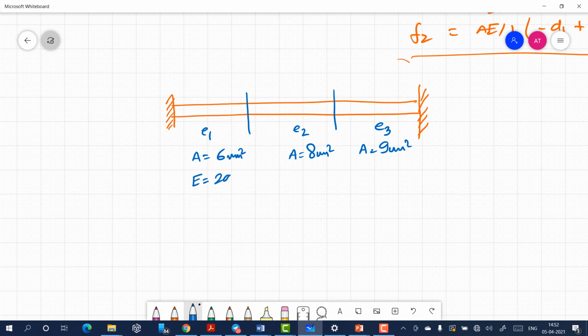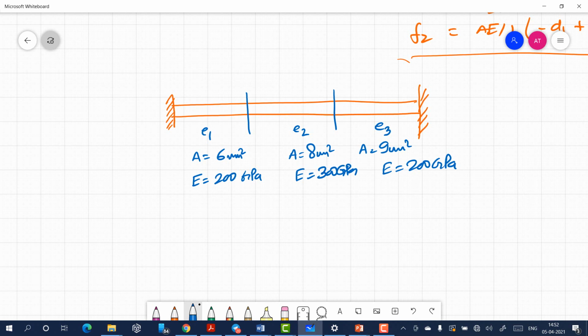So the elastic modulus is 200 gigapascal there and 300 gigapascal here, and again 200 gigapascal here. So this is how it is.